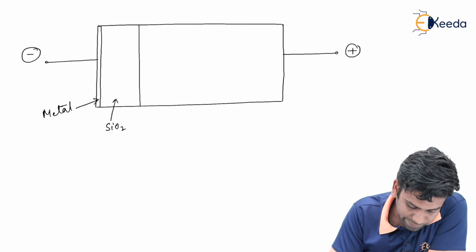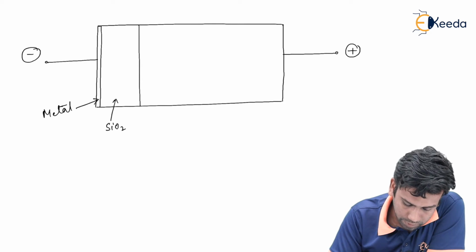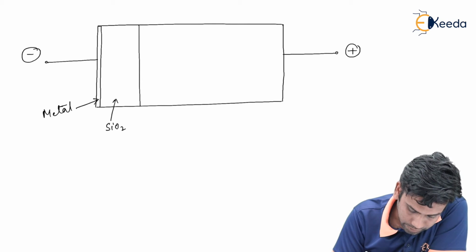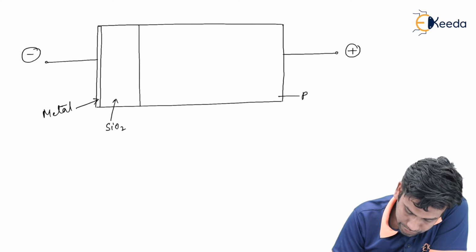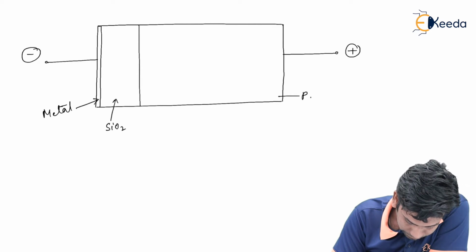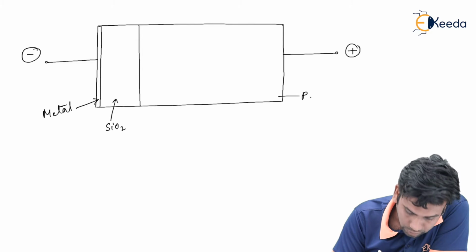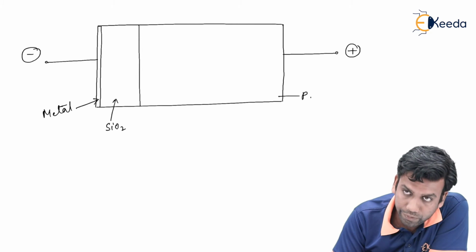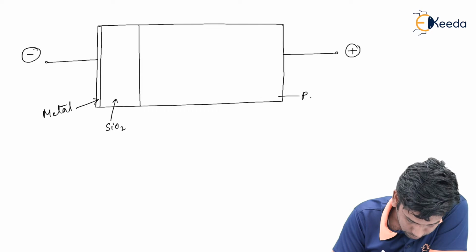Now before applying this potential, we know that this is a p-type material, so the Fermi level or the band diagram before applying this potential will look like this.